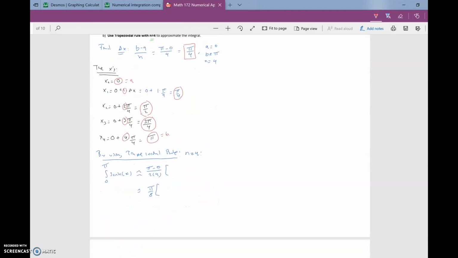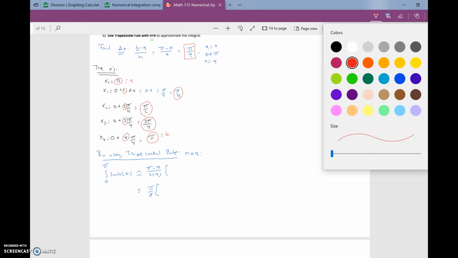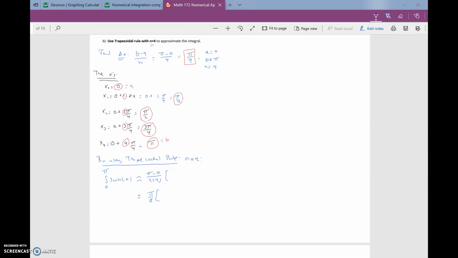So in this case, we're just going to be evaluating, and let me do this in purple. So the first one is going to be f of 0 plus 2 times f of pi over 4 plus 2 times f of pi over 2 plus 2 times f of 3 pi over 4 plus, and then the last one is going to have an f of pi, and then close this up.